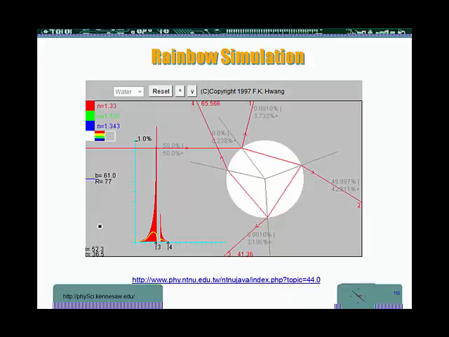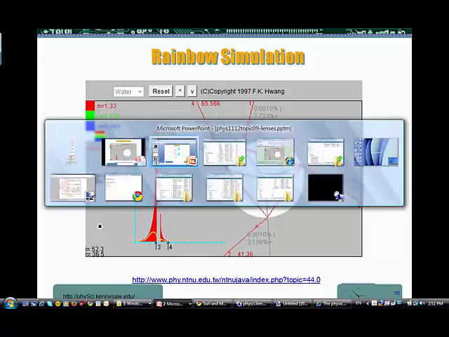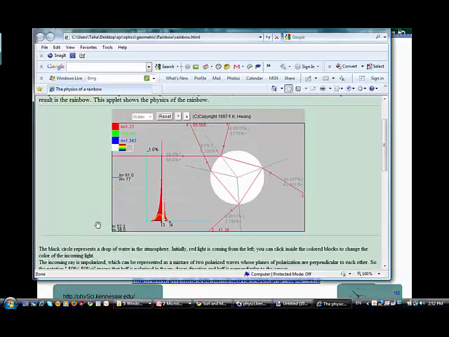Now let's try to explain it based on the simulation. Okay, here's the simulation. In this particular case, I have red light hitting a water droplet.